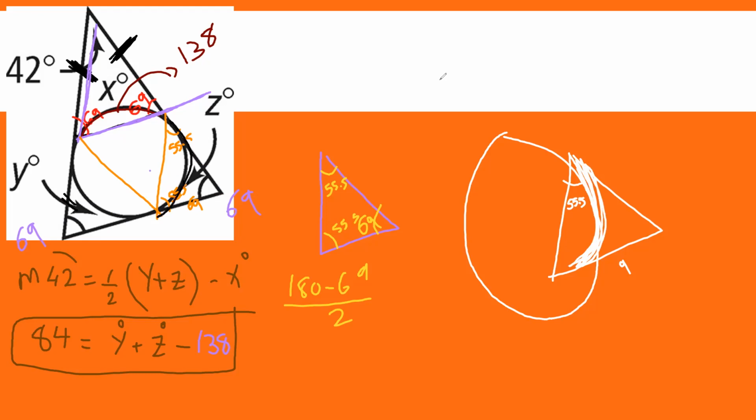I mean this one here, this arc here. Where is its arc? As we said, in x. So the measure of z, or y, will be 111, which is 2 times 55.5.